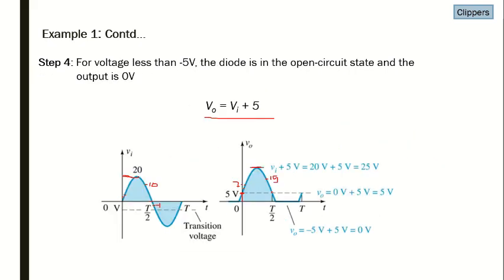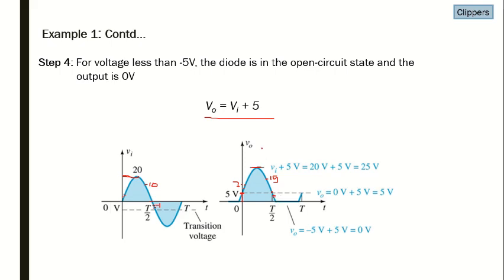So when we have minus 1 here, we are getting a potential of positive 4. Just apply the value here: V naught is equal to minus 1 plus 5, which is positive 4. When Vi is equal to minus 2 at this point, minus 2 plus 5, the output will be somewhere 3.